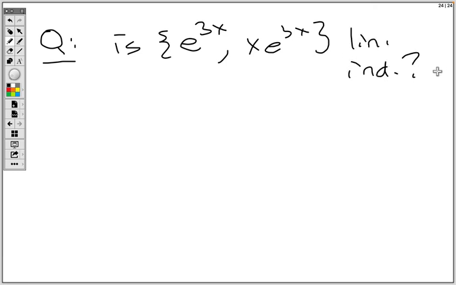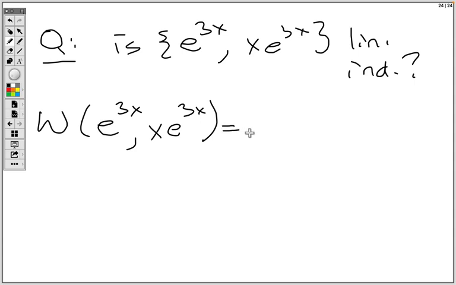How do we check for that? Yeah, the Wronskian. So here we go. I think Wronsky was Polish. I could be wrong about that, but let's take the Wronskian.